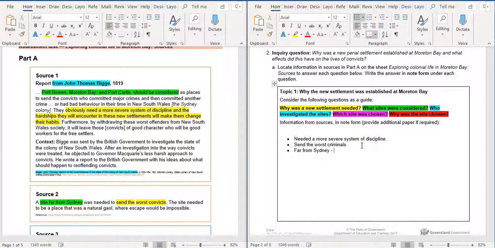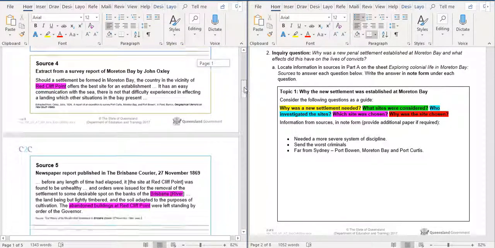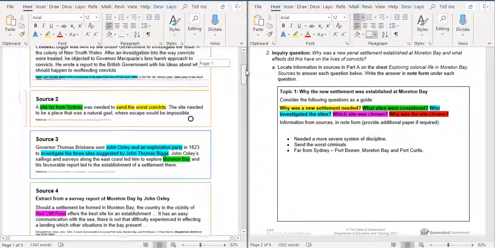The places that were considered were Port Bowen, Moreton Bay, and Port Curtis. So they're the places that were considered. I'm pretty sure there's no other green highlighting, but let's just check. Oh, we did Moreton Bay again. All right, so all good.